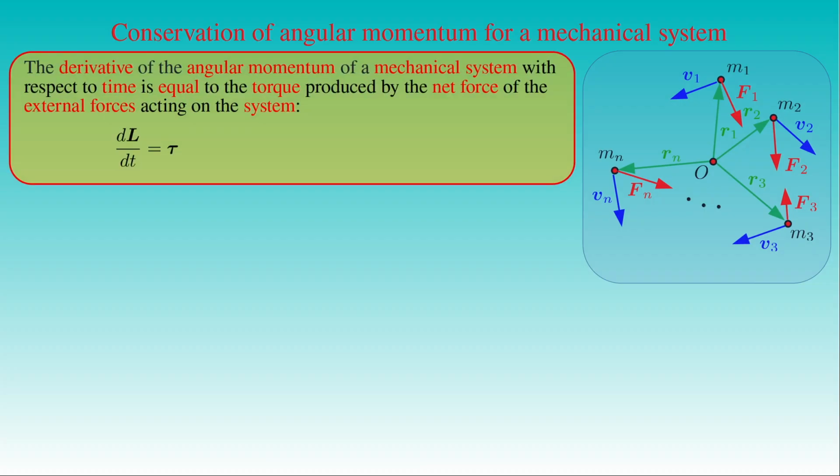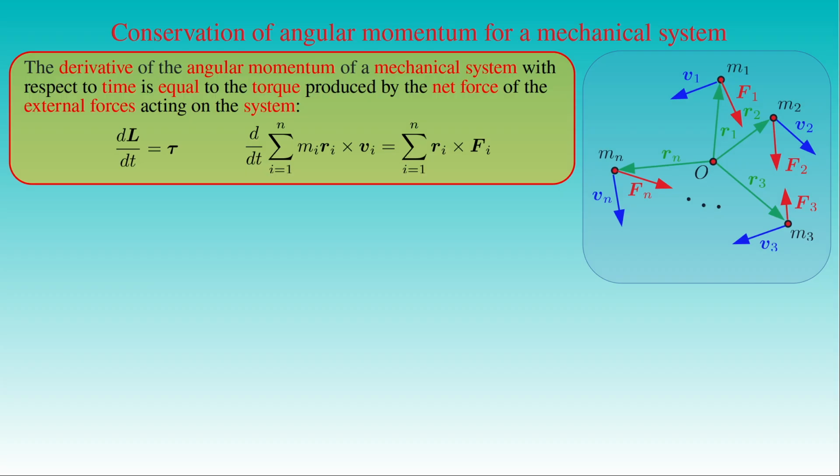The derivative of the angular momentum L of a mechanical system with respect to the time t is equal to the torque tau produced by the net force of the external forces acting on the system, where both the angular momentum and the torque are determined with respect to the same reference point O. This theorem holds for any mechanical system, and for a system of n point masses it can be written as the equation stating that the time derivative of the sum of the mass m_i times the cross product of the position vector r_i and of the velocity v_i of the point mass m_i from i equals 1 to n, is given by the sum of the cross product of the position vector r_i and the external force F_i acting on the point mass m_i from i equals 1 to n.